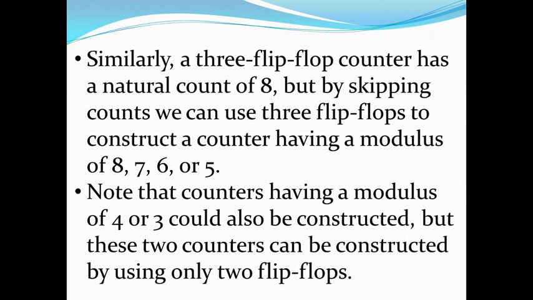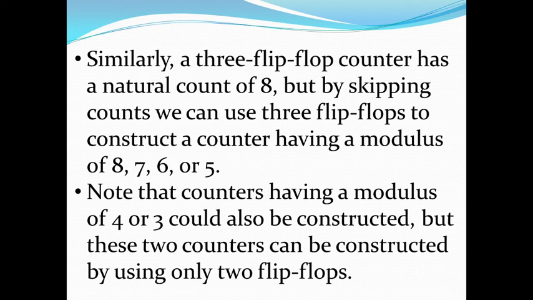So, a modulus of 8 counter can be prepared using 3 flip-flops. But by skipping certain states, you can convert this modulus of 8 counter into a mode 7 counter, a mode 6 counter by skipping 2 states, or a mode 5 counter by skipping 3 different states. You can prepare these counters.